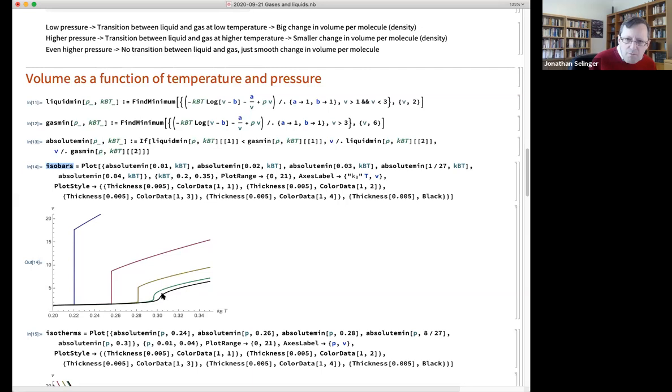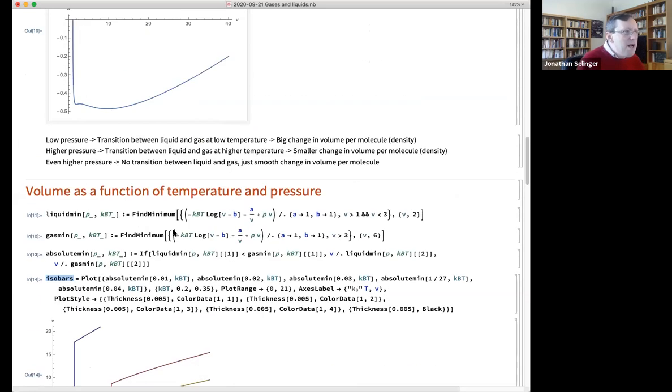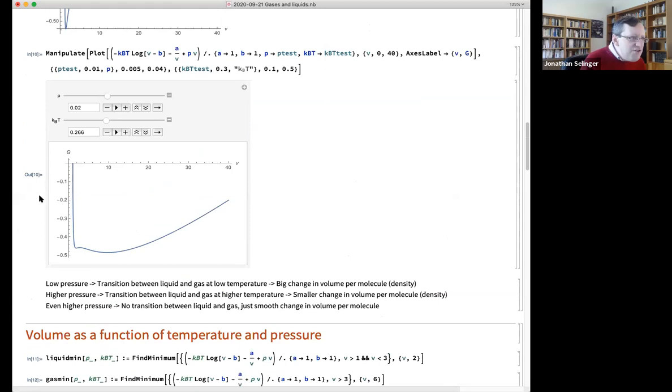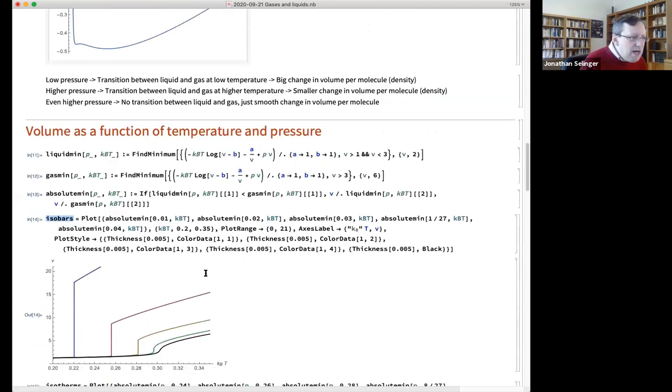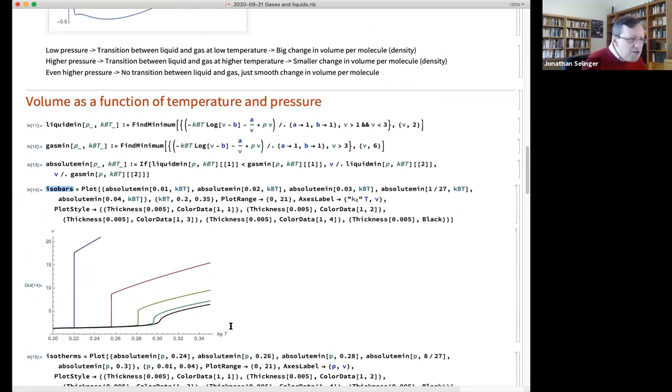The slope is big, but it's not infinite. So this is what the sequence of isobars look like, right? This is a sequence of plots for the volume that you get by minimizing this function right up there, as a function of temperature for different pressures.